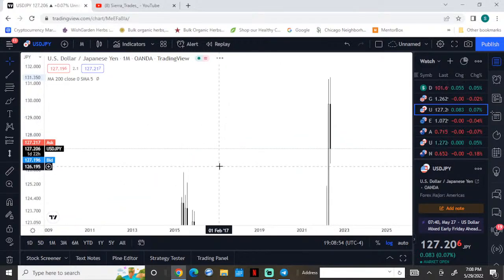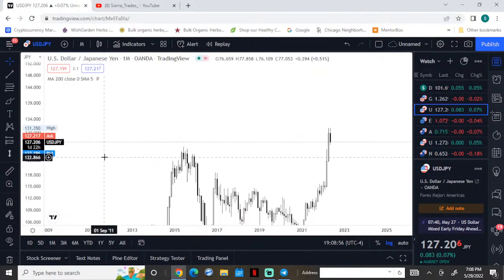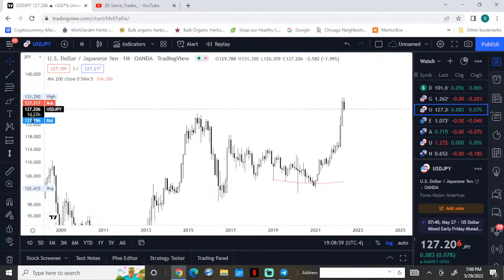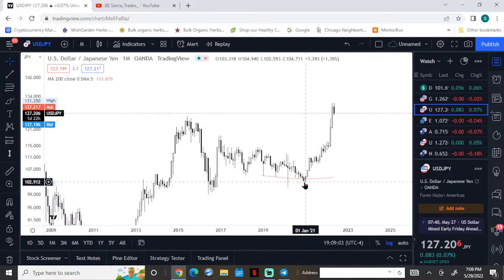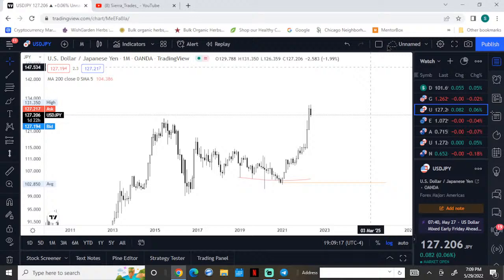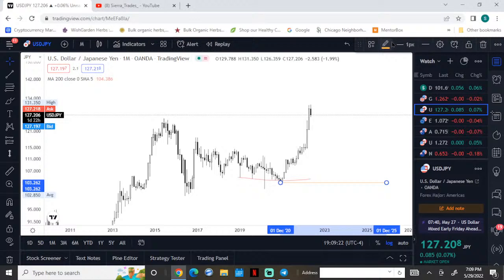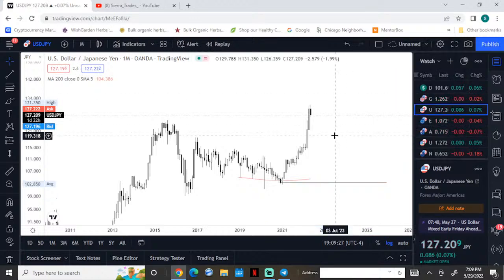To the monthly. I'm gonna mark January 2021 lows. Change my color to black.